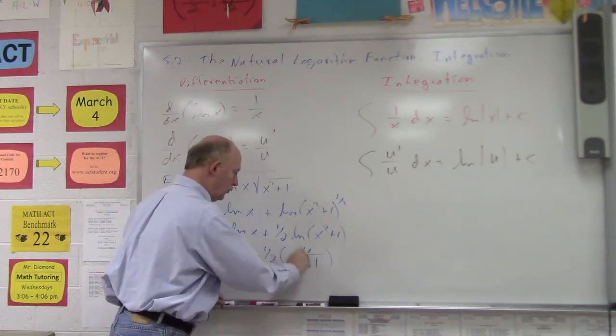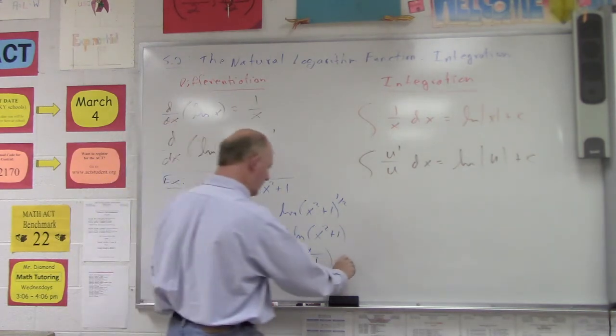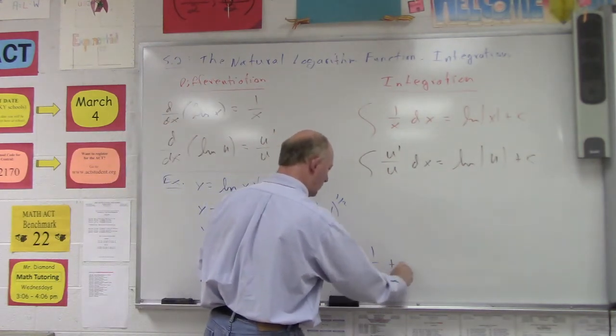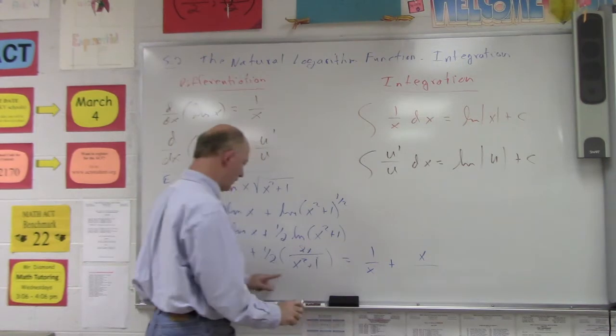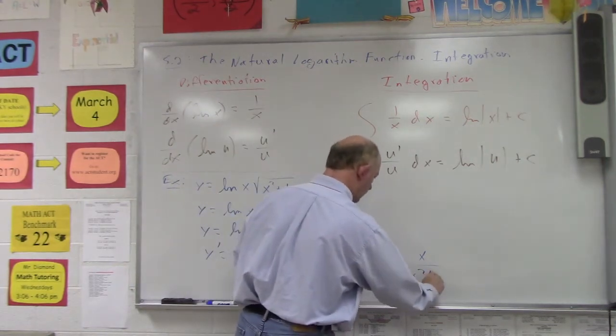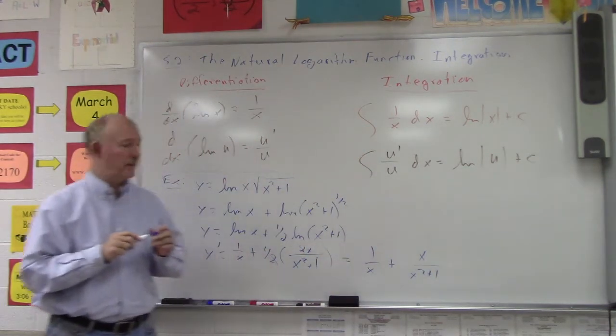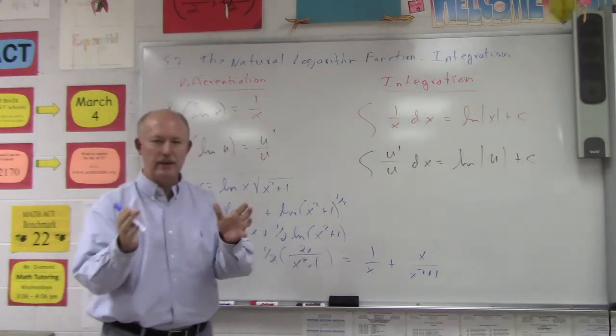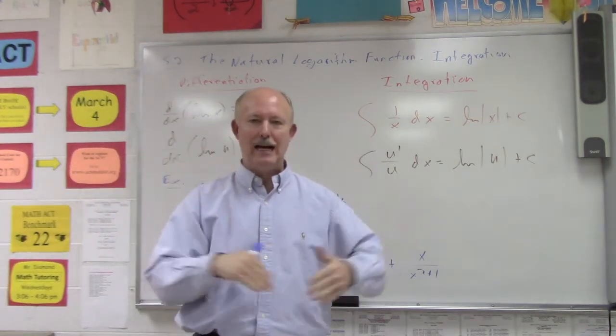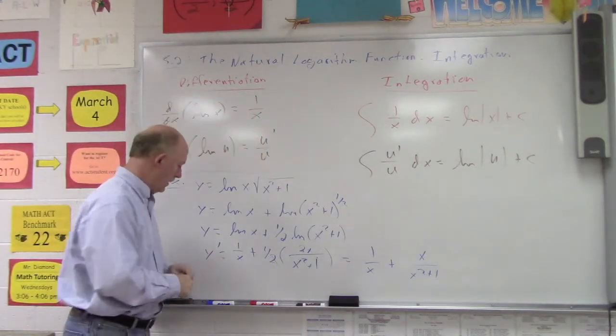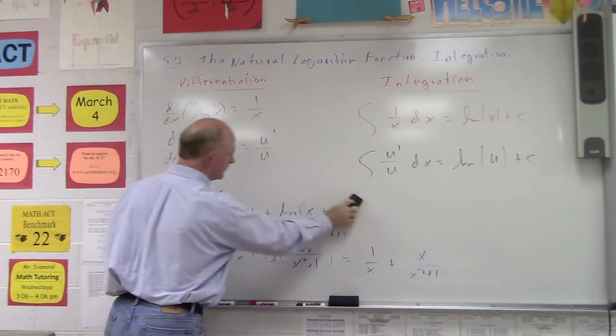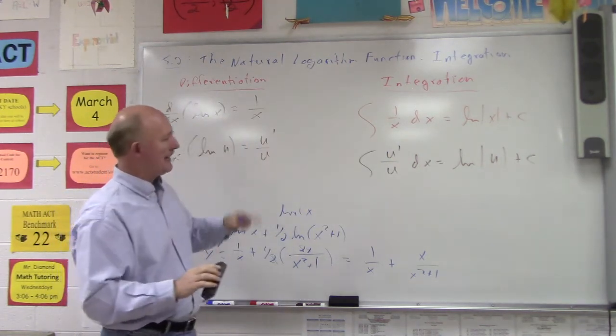The 2's cancel out, and the derivative is 1 over x plus x over x squared plus 1. And that's your derivative. I wanted to start with a little example of differentiation involving a natural log function, because now we're going to transition quickly into integration.